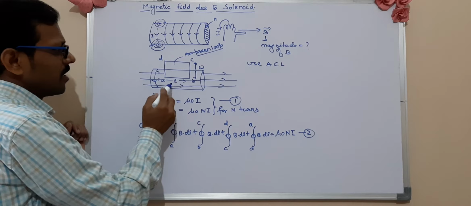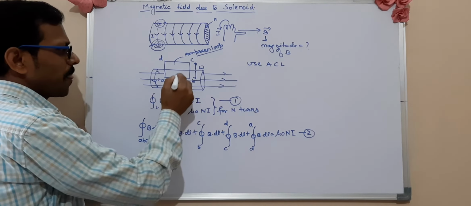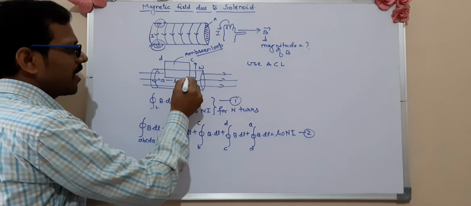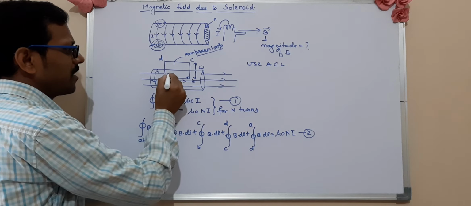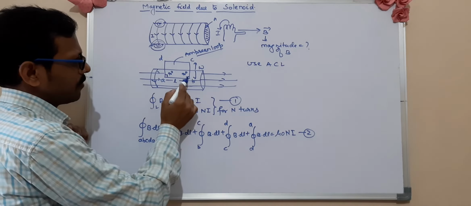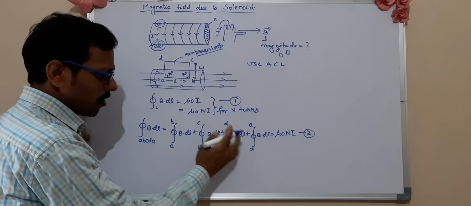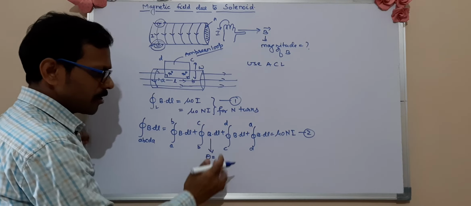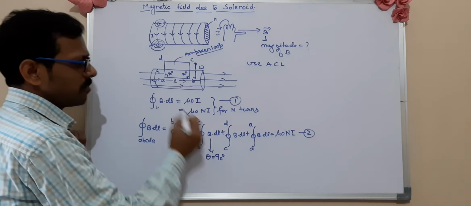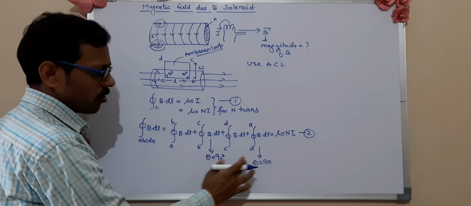If you see, AB is lying inside the solenoid and CD is outside the solenoid, whereas BC and DA make a 90-degree angle. So for B to C, B dot dl gives B dl cos theta, and here theta equals 90 degrees. Similarly from D to A, theta equals 90 degrees, and we know that cos 90 is 0.